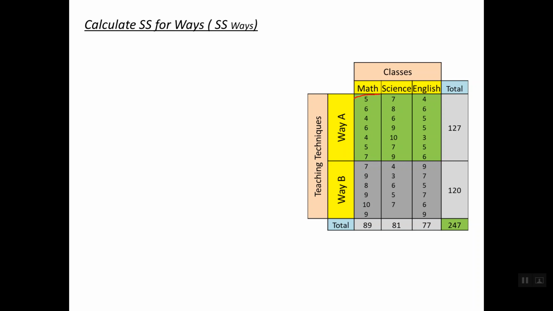First, we need to calculate the observations for the first level, way A, and then the observations for level 2 of this factor. It's already calculated, and we need to count the number of observations for each.